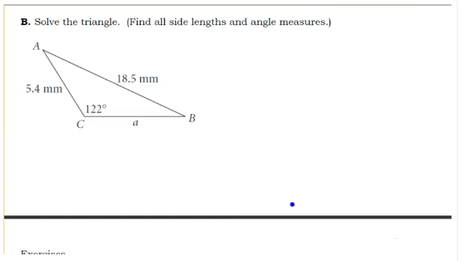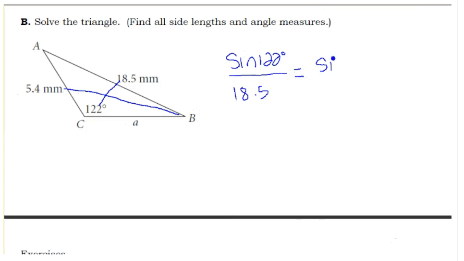Okay, I would like to try to set up this ratio quickly, just to show you how to solve for an angle. So I would do the sine of 122 degrees over 18.5 millimeters equals the sine of angle B over 5.4 millimeters.